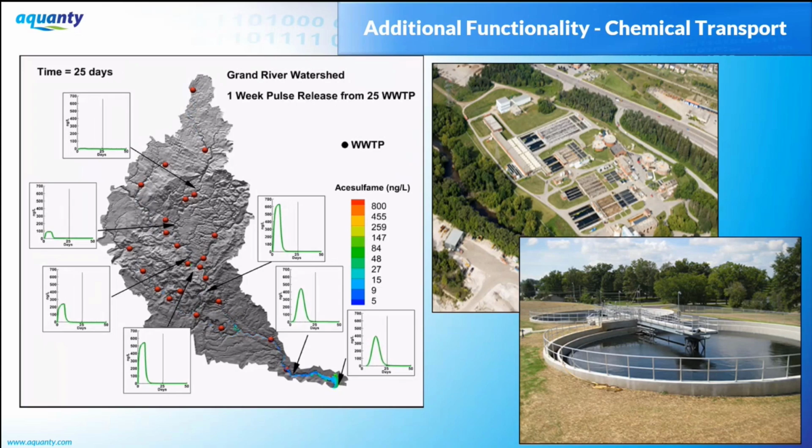So we simulated this. And here it's showing a pulse released from all the water treatment stations over a 1-week period. You can see it traverse the river, and the concentrations where it discharges in the lower right into Lake Erie. So we can actually do the transport.